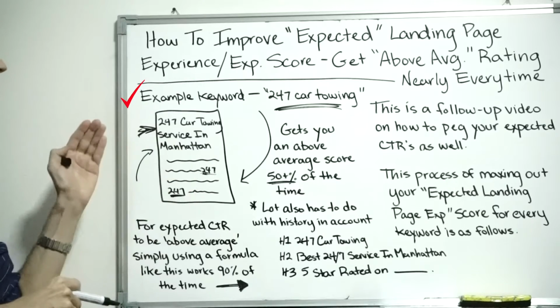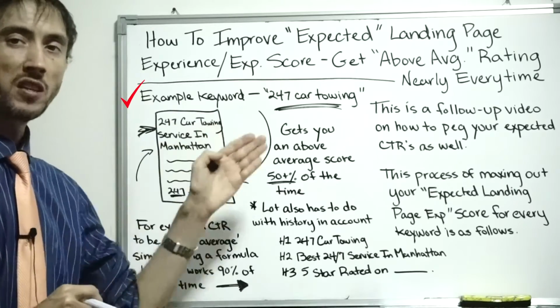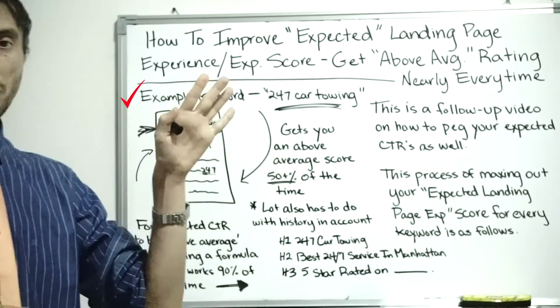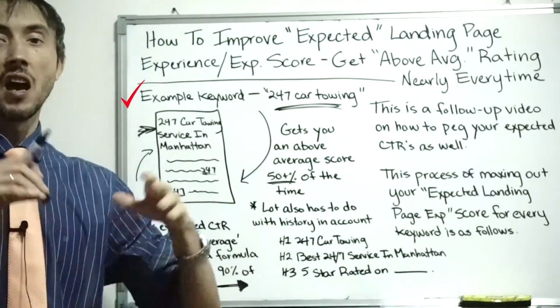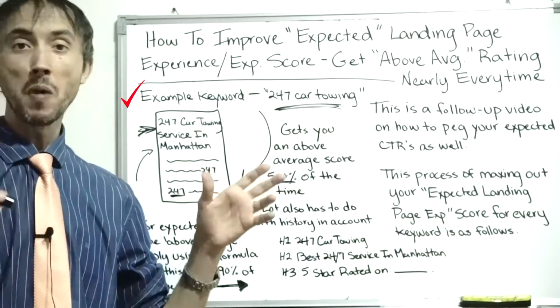Now, I do want to go a step backwards here as well. In order to do this, you've got to have one keyword for each ad group, which many people anymore don't say is the best way to set up campaigns. I 100% beg to differ, and I'll put my money where my mouth is.